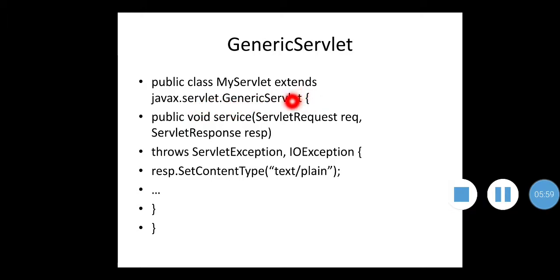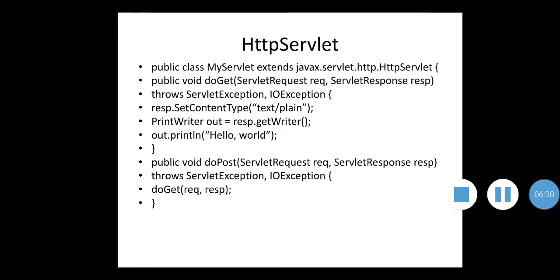We have to extend the GenericServlet class to our own user defined class, and we have to use the service method in order to process the request. It contains two parameters, one is the ServletRequest parameter and another one is the ServletResponse parameter. So we have to throw the exceptions, ServletException and IOException. The content type of the response will be text/plain.